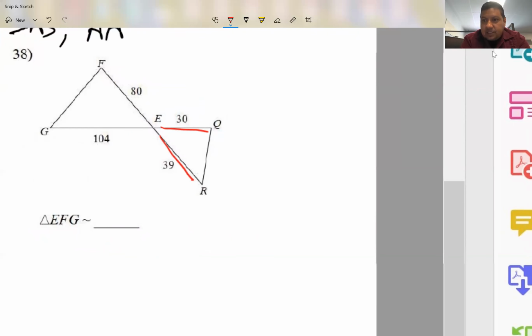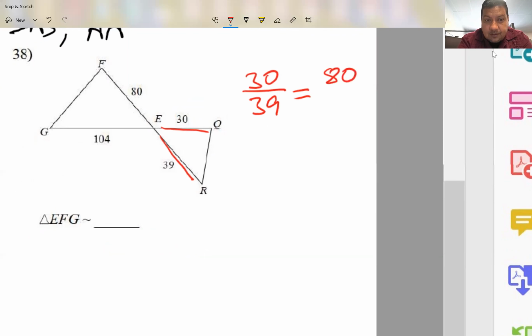So I'm going to make a fraction out of that. 30 over 39 equals, and I'm going to compare my numbers with the numbers from the other triangle, right? 30 is smaller than 39, so I'm going to say 30 goes with 80, and 39 goes with 104. Notice how the small number goes with the small number, the big number goes with the big number.